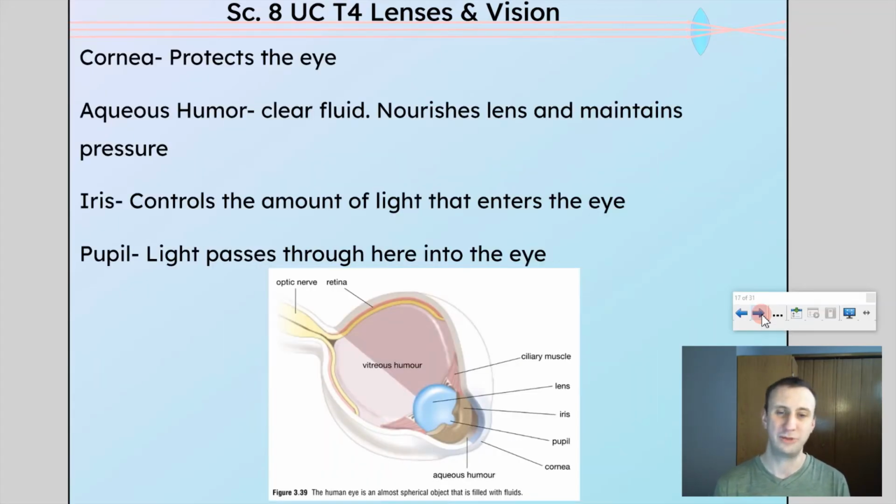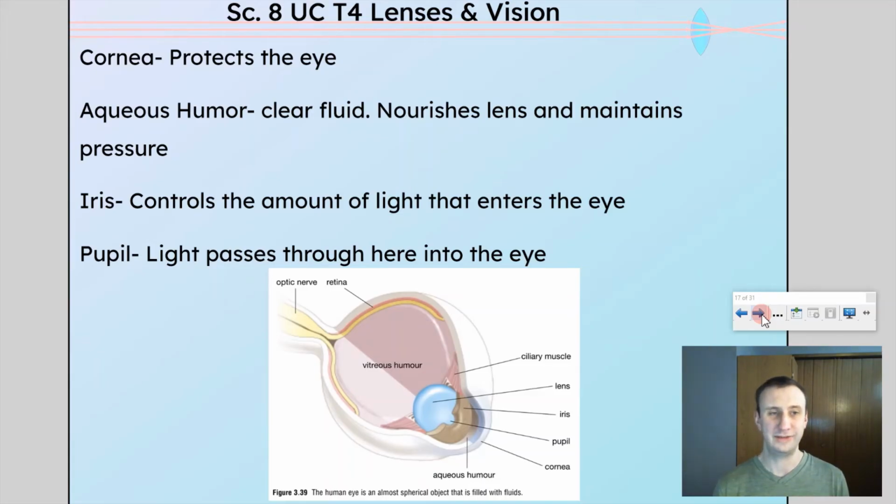First of all, we have the cornea on the outside, and it's just a protective clear layer that allows light to travel through. It's not the lens, it's just the outside part. It needs to be nourished with fluids to keep the cells of the cornea alive. The aqueous humor is a clear liquid, and it nourishes the lens and maintains pressure.